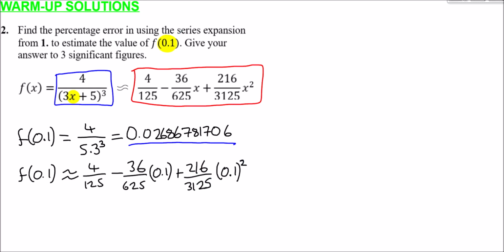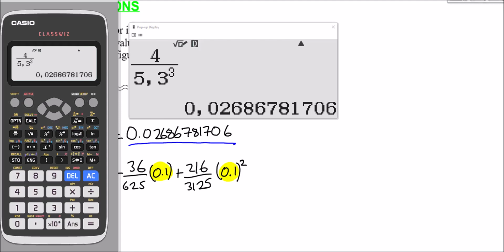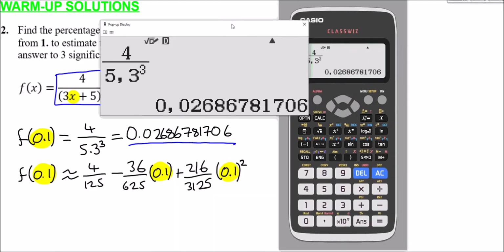So all we're doing again is just subbing in the value of x as being 0.1. It's a bit of a more awkward calculation, so let's do this a bit more carefully.